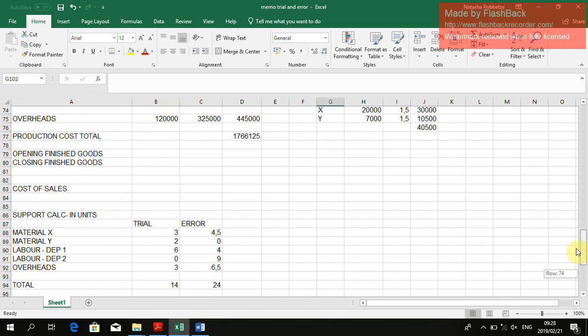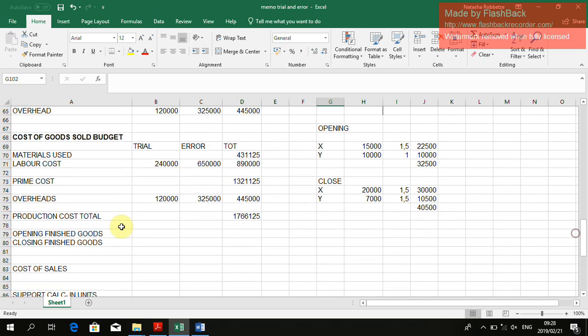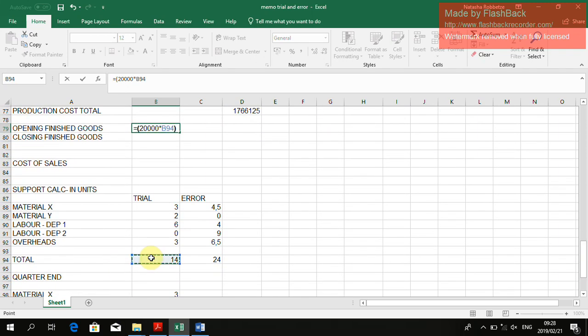And after doing these calculations, I can go and calculate my opening stock and closing stock now. So for trial, we had opening units of, if I look at it, it's 20,000 opening units. And I now need to go and times that by the answer for a single, or the value of a single unit.